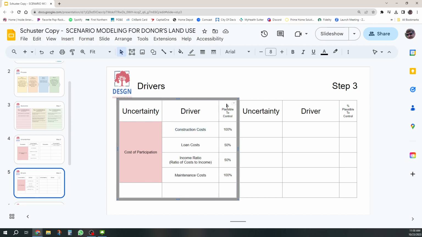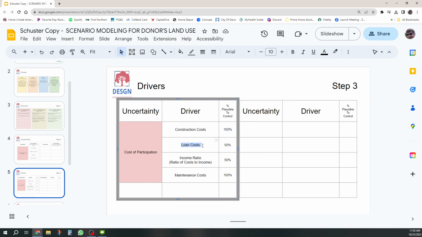Now, is this plausible for us to control or for somebody to control? Yes, that's 100% controllable by design. We can do that, so that's 100% plausible to control.